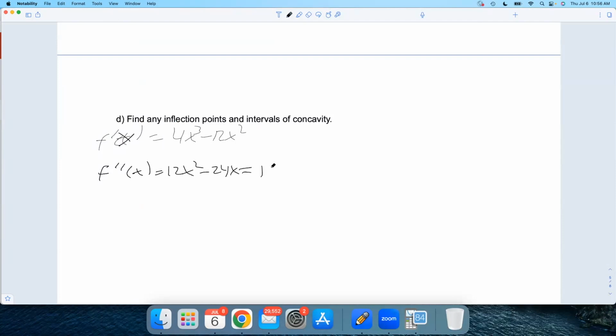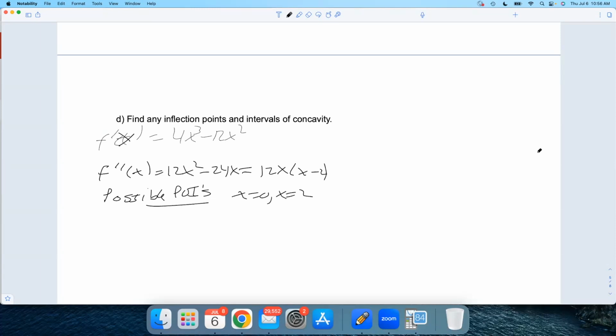I would pull a 12x out of that. And we get what? x minus 2. So I have two possible points of inflection, x equals 0 and x equals 2. There and there.